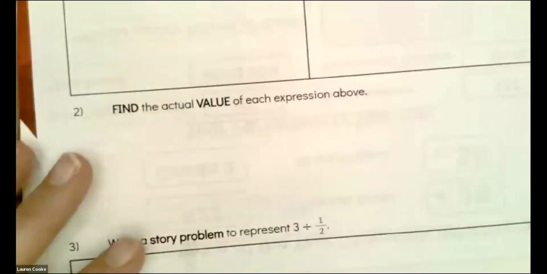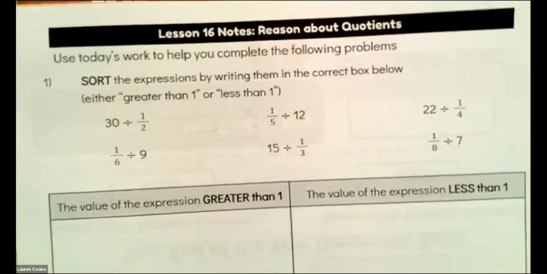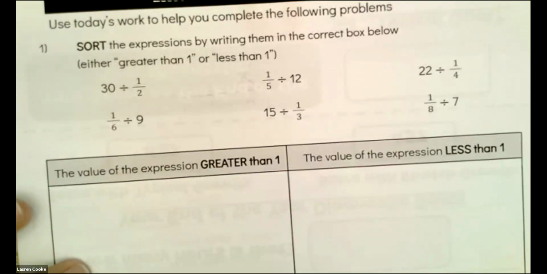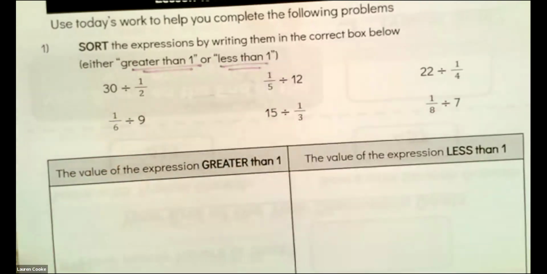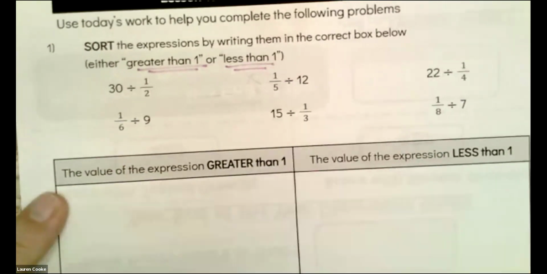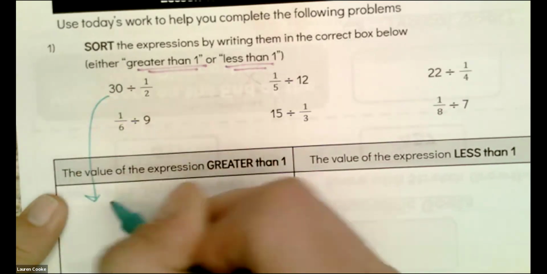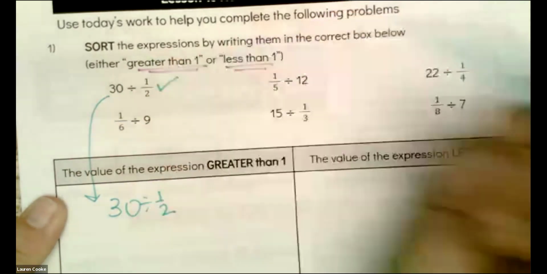All right. So let's sort these expressions by writing them in the correct box below. It's either greater than 1 when my dividend is a whole number, or less than 1 when my dividend is a fraction. So first, I'm going to see the value of the expression greater than 1. I'm going to put 30 divided by 1/2 here. And I'm done with that one.